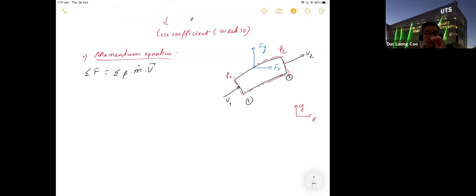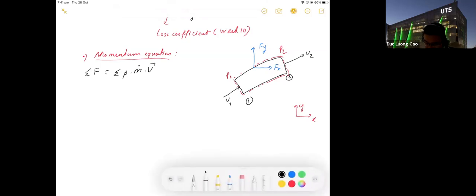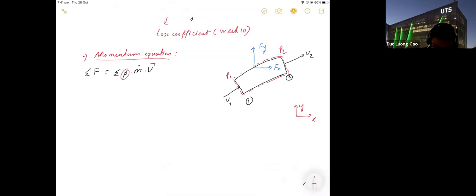You can use 1 if it's not mentioned in the question. Beta is approximately 1. This one is the equation of momentum.